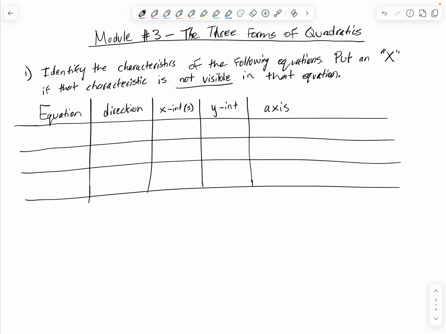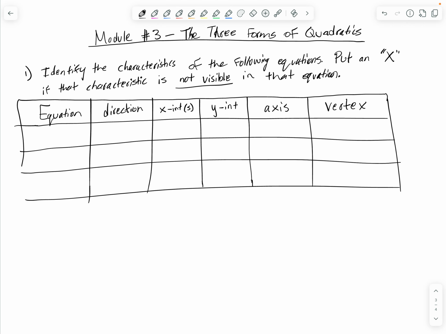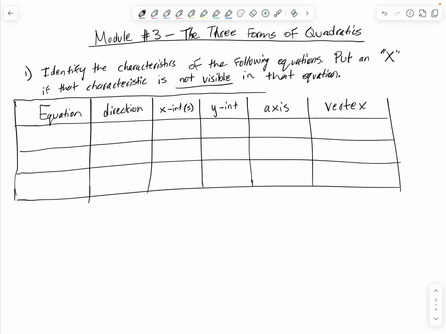Then the axis of symmetry, and then the vertex. I also need you to know, for the 3 different forms of quadratics, which equation is conducive to giving different features. So I need you to know that as well.